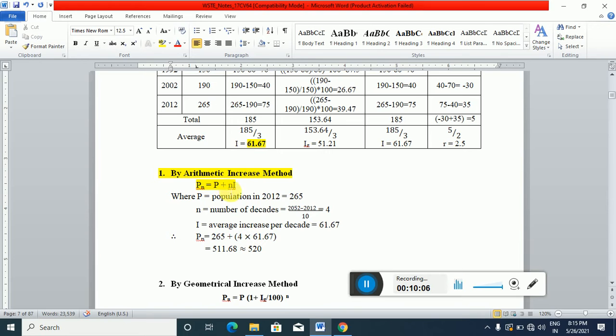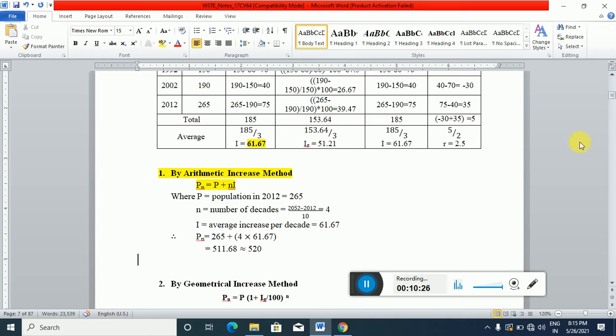So P plus N into I, with I as 61.67. If you simplify this, you will get the value 511.68. Then approximately you can take it as 520. So this is how we estimate the population using the arithmetic increase method.